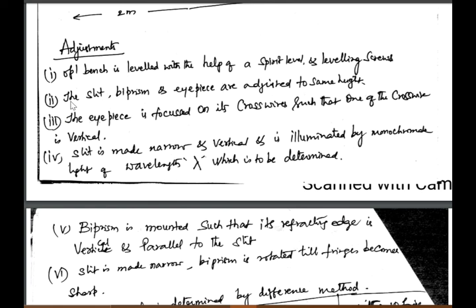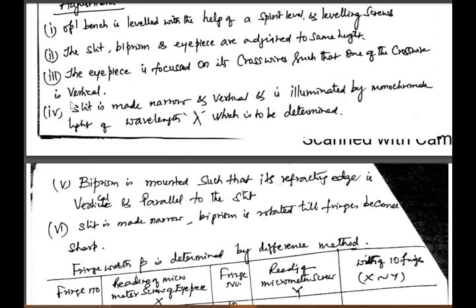So all the three, the narrow slit, the biprism mounted on the mount, and also the eyepiece, should be adjusted to the same height so that the light from the slit will pass through the biprism and reach the eyepiece. And you can view the interference fringes through the eyepiece. Therefore, the second adjustment is very important.